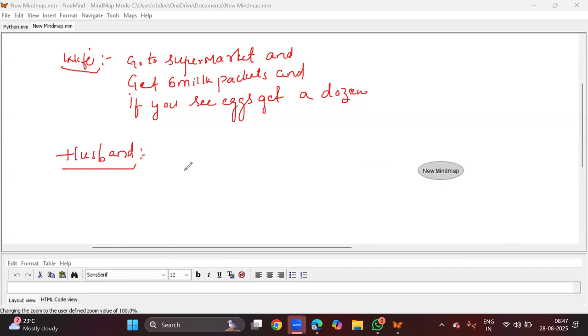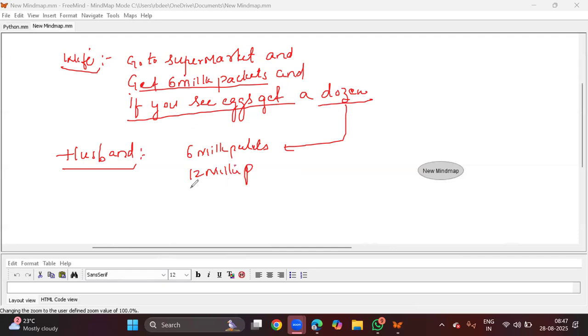See, actually, what he'll do, see here. The statement is get 6 milk packets. That is clear. So he'll buy 6 milk packets. But again, he gets confused with the statement. If you see eggs, get a dozen. So he is confused whether he should get 12 milk packets or 12 eggs.